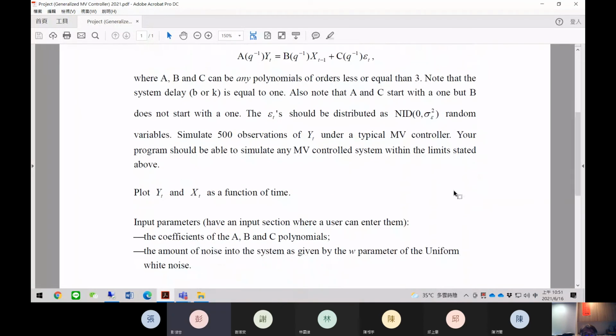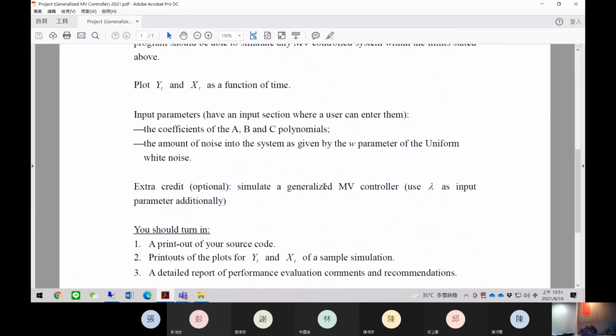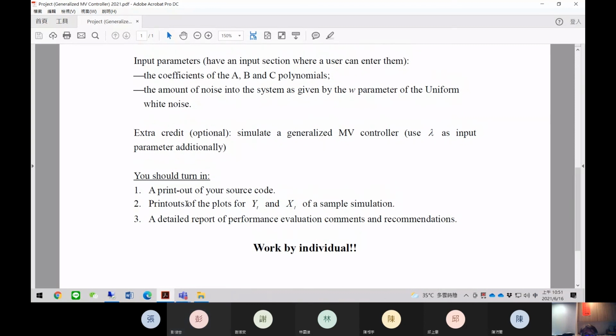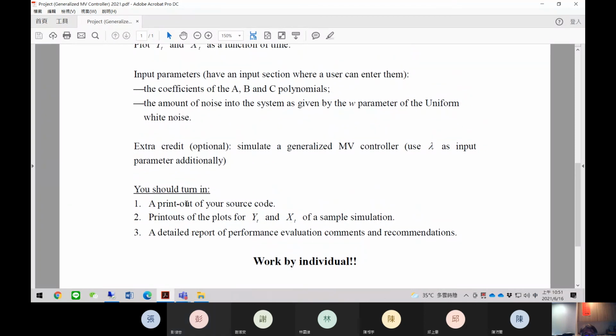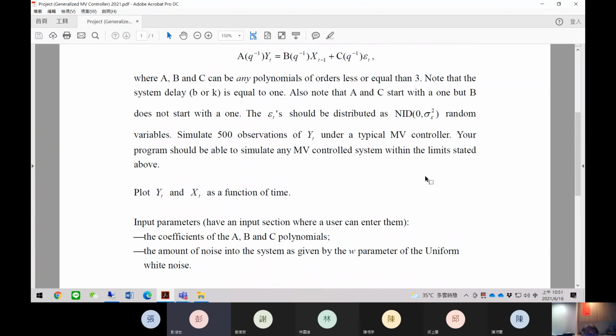The input parameters, the second input parameter. Lambda? You mean the lambda? No, the one above: the amount of noise into the system.